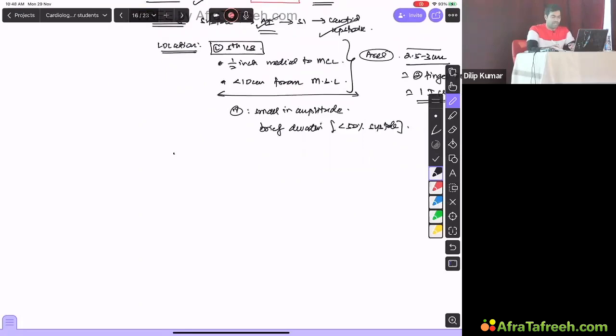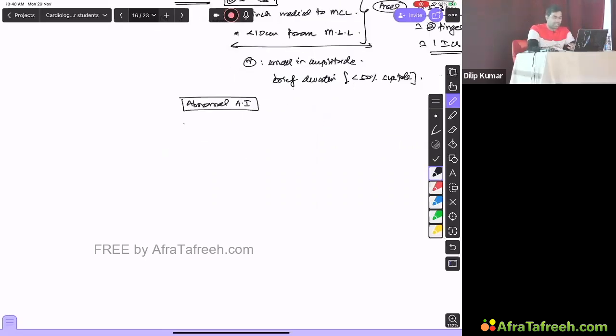Now going on to the abnormal apical impulses. There are multiple types of abnormal apical impulse. We can call it a hyperdynamic or hyperkinetic apical impulse.